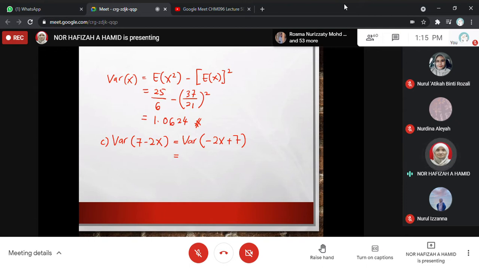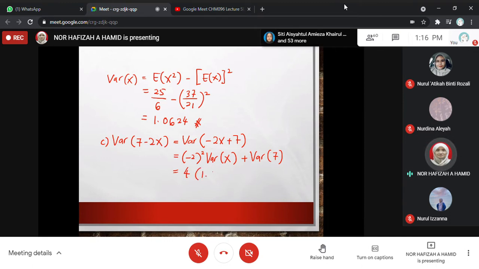If you refer to the rules for variance, it also equals negative 2 squared, multiplied by the variance of x, plus the variance of 7. So negative 2 squared, the negative must be squared together, gives 4 times the variance of x.